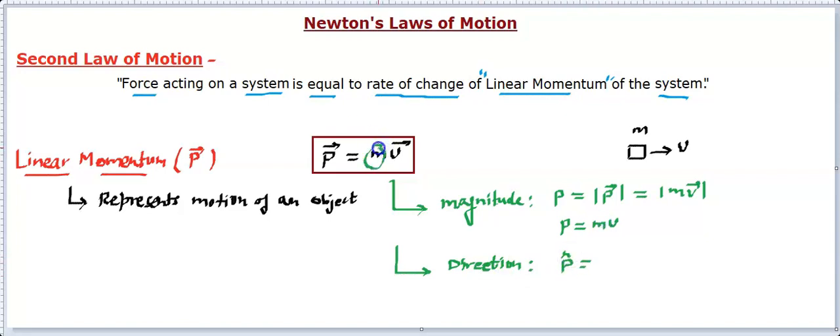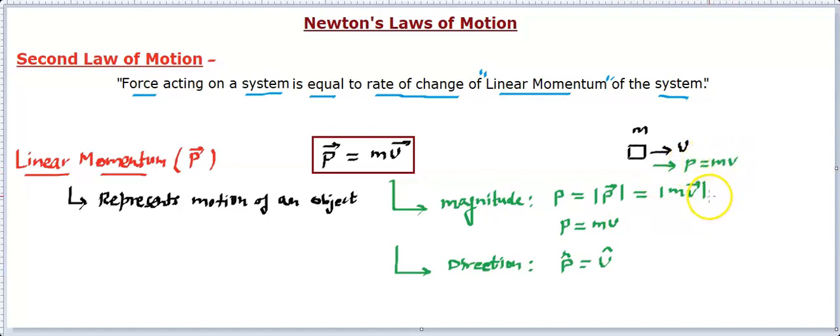Whenever a positive number multiplies any vector, it simply changes the length of that vector, that is the magnitude. It does not change the direction. So in a nutshell, the direction of the p vector is the direction of the velocity. So p is directed in the direction of velocity. In this particular case, p is in this direction. And how much magnitude does it carry?